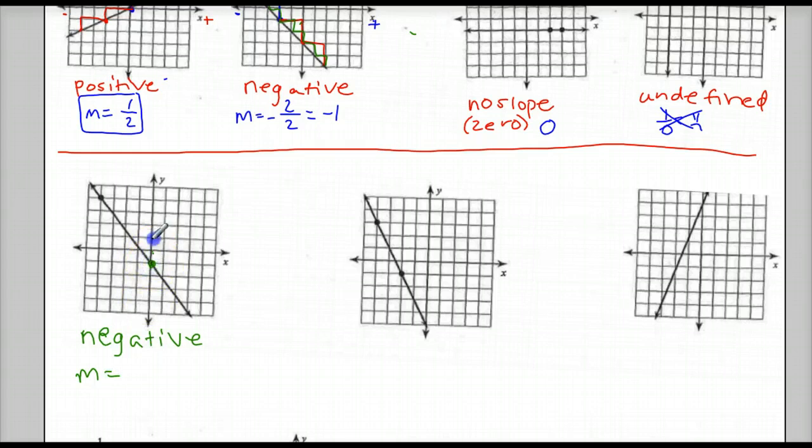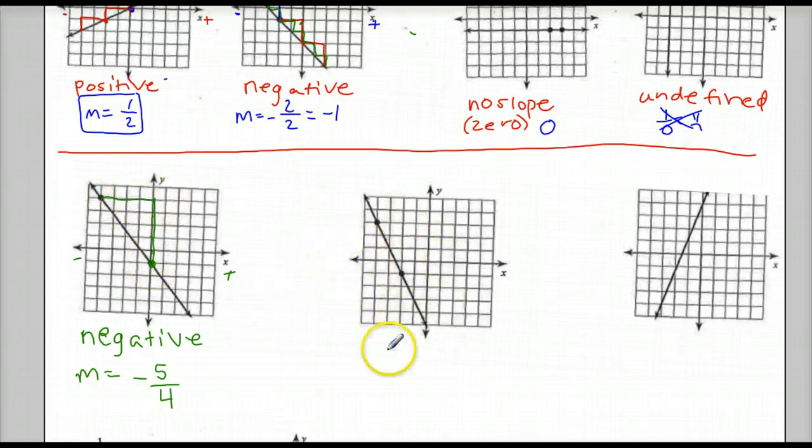So 1, 2, 3, 4, 5. So I'm rising up 5, and I go over 1, 2, 3, 4. So since I'm going over in the negative direction, because remember this is negative, this is positive, this is negative 5 because I rose 5 over 4. So I rose 5, I run 4.